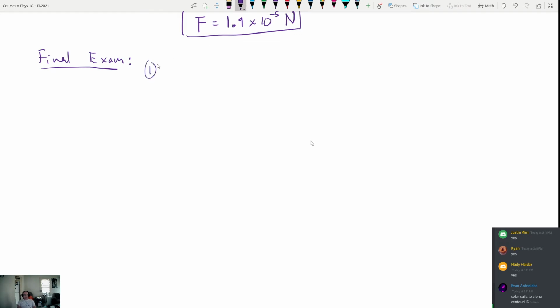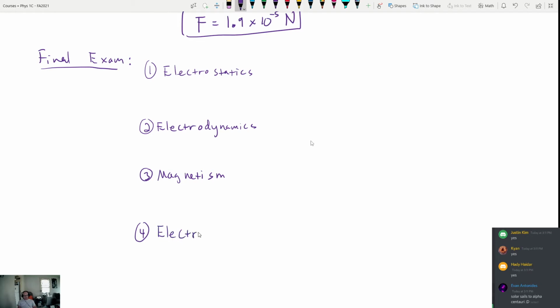Those 4 sections are electrostatics, electrodynamics, magnetism, and then of course the final part is the combination of electricity and magnetism, which is electromagnetism. You know, where you just make a new word and just mix them together.